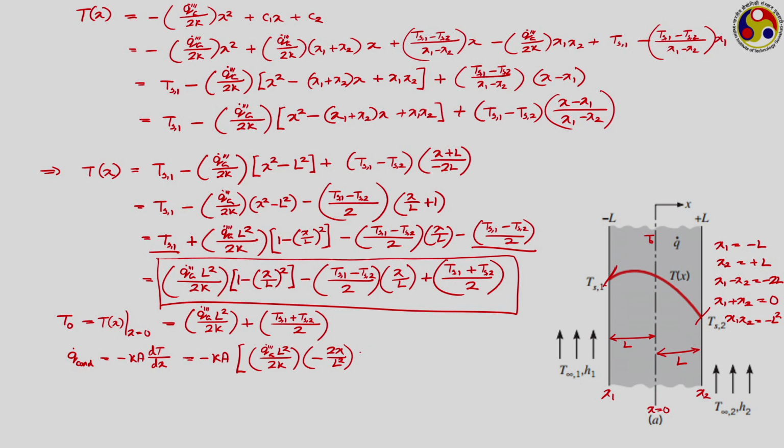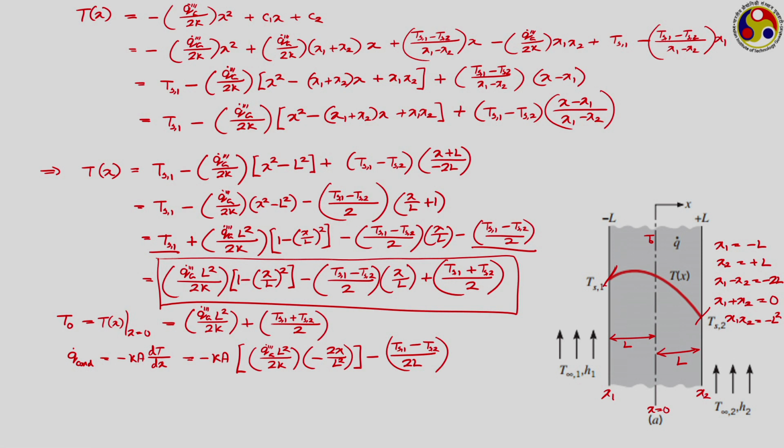For the second term, it remains as Ts1 minus Ts2 by twice of L.